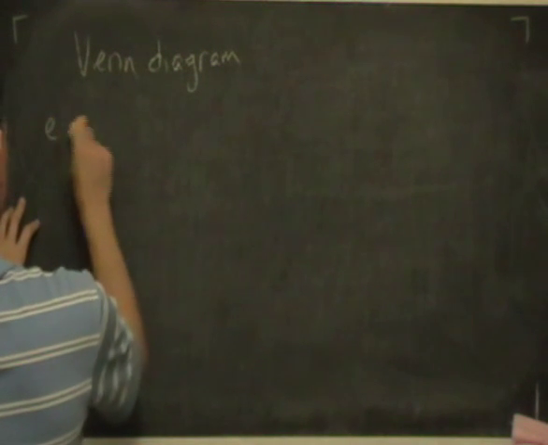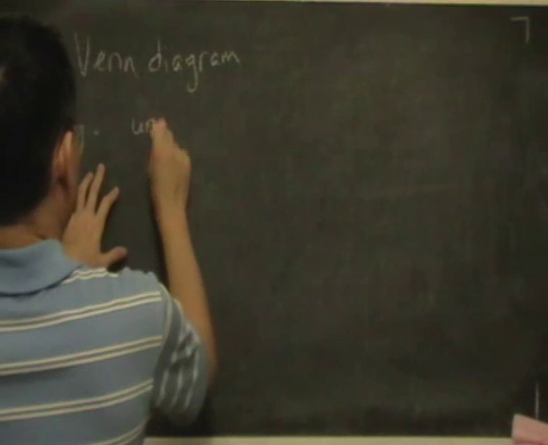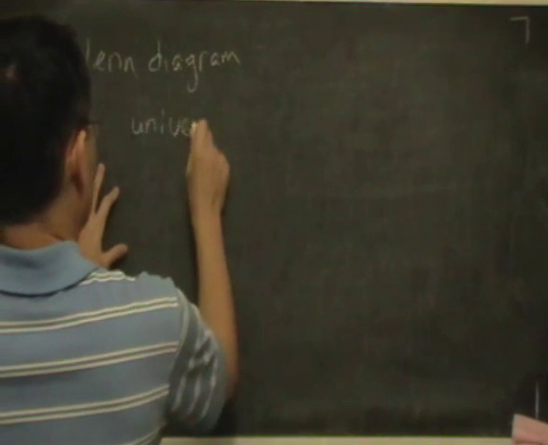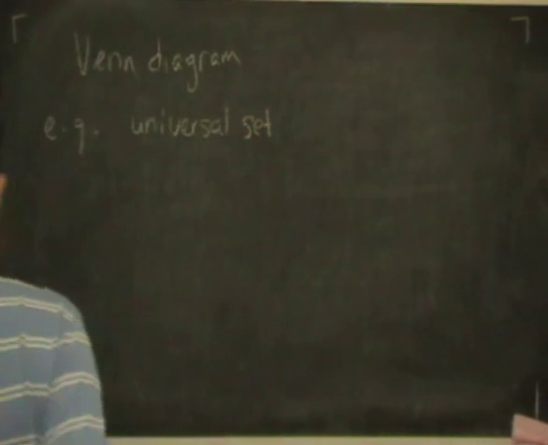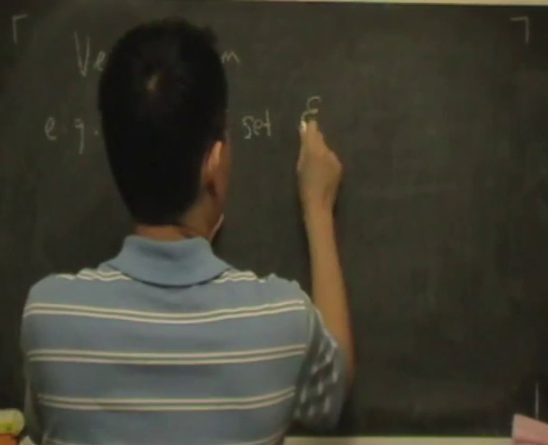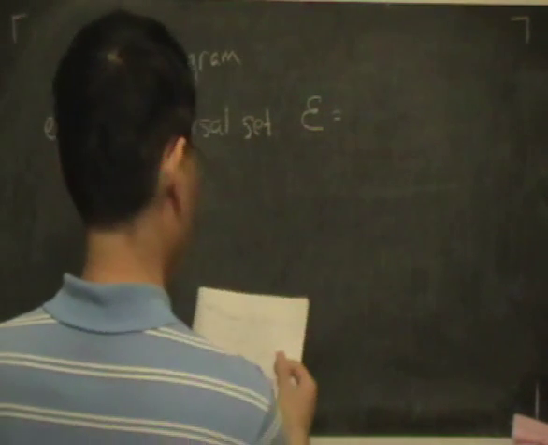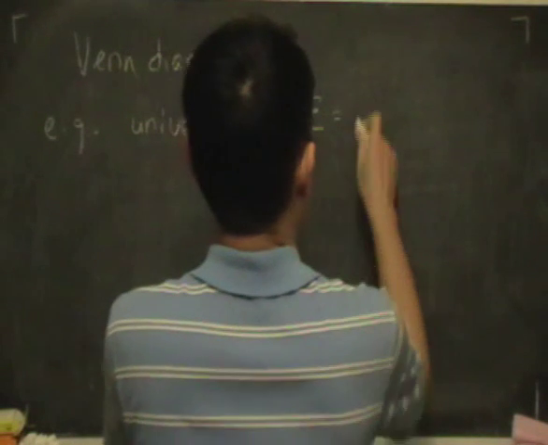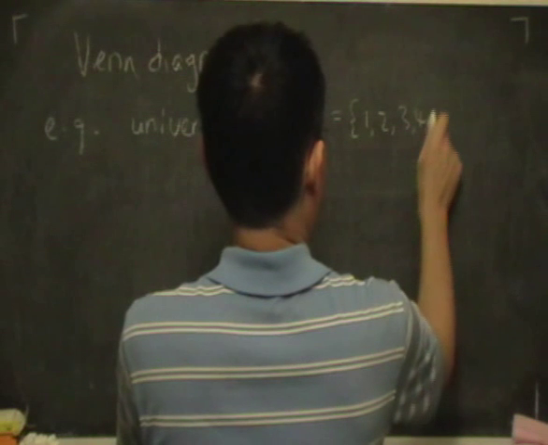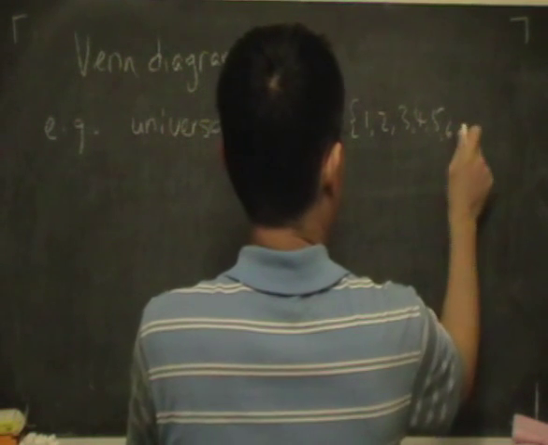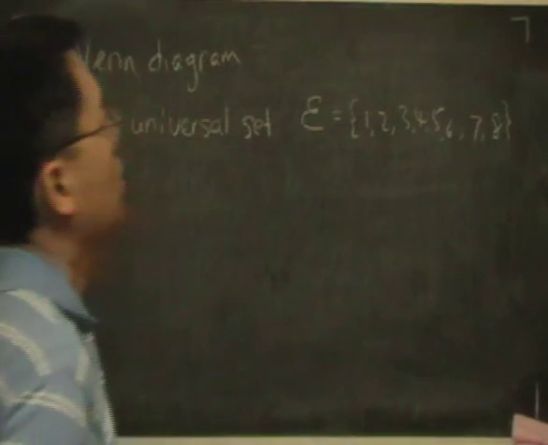Just as an example, I'm going to start with a universal set represented by the curly E that consists of the numbers 1, 2, 3, 4, 5, 6, 7, 8.